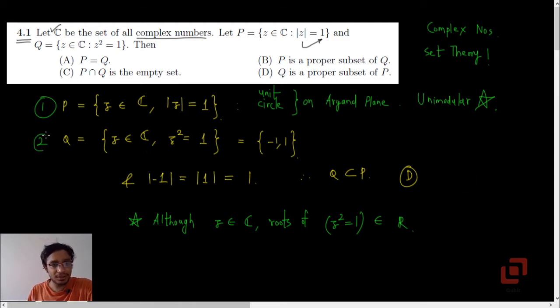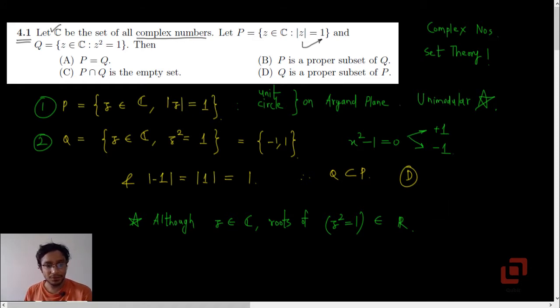Let's now go to set Q, which is the set of all those complex numbers whose square is 1. Now we know that the equation x squared minus 1 equal to 0, or x squared equal to 1, has two solutions in the set of real numbers, positive 1 and negative 1, and the case of complex numbers is no different.